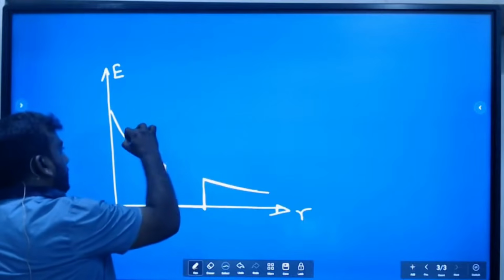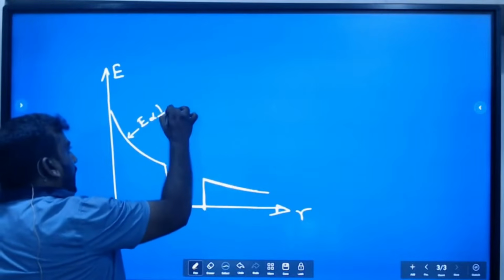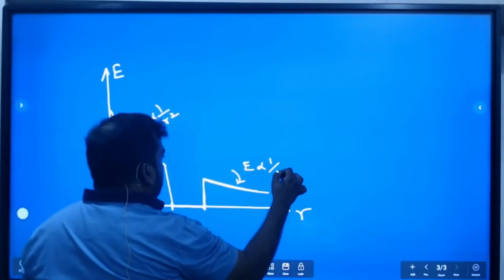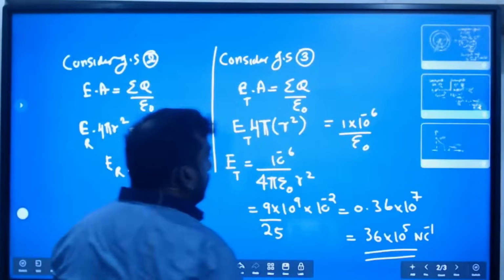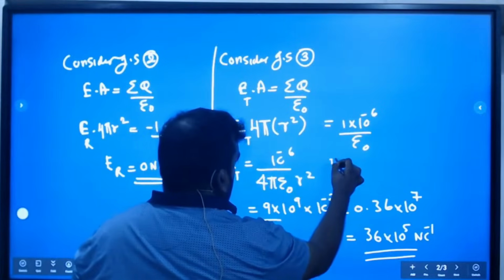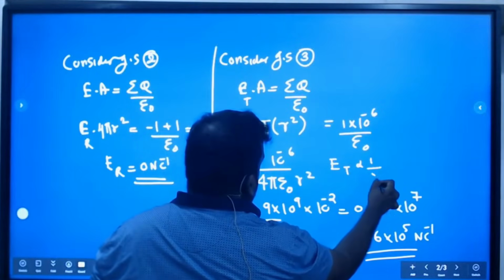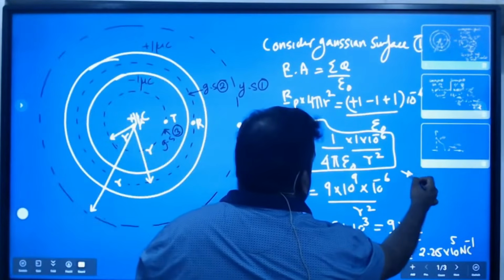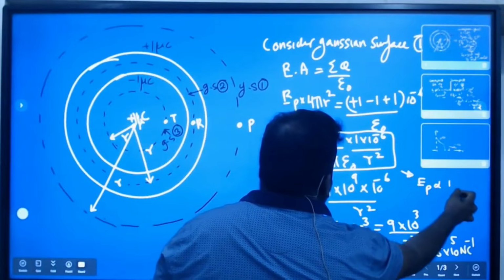So here also E is proportional to 1 over r squared. I have shown you here, E proportional to 1 over r squared.